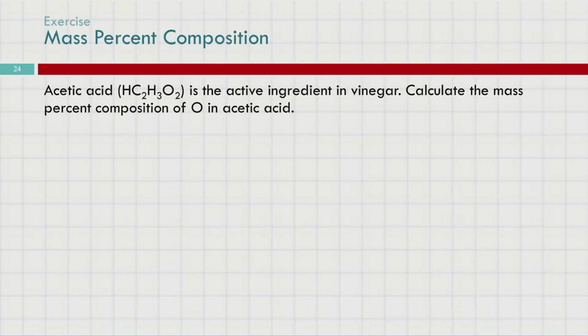All right. To start with our mass percent composition, we want the mass percent composition of oxygen in acetic acid. We are given the molecular formula of acetic acid, HC2H3O2. We need to figure out what the molar mass is.